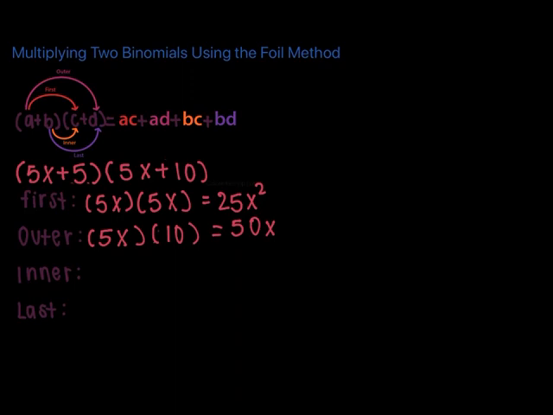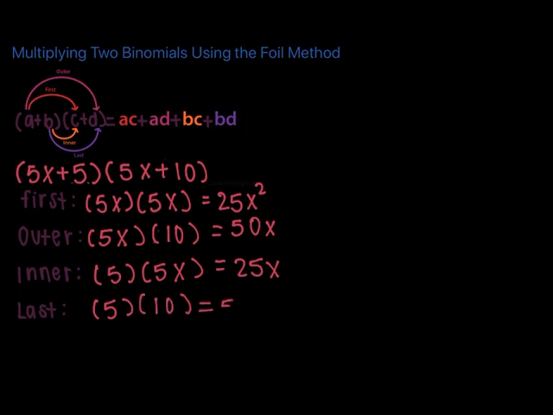Next up is the inner, which is b times c, which would be 5 times 5x, which is just 25x. And lastly, we have the last, which is just b times d, which is 5 times 10, which equals 50.